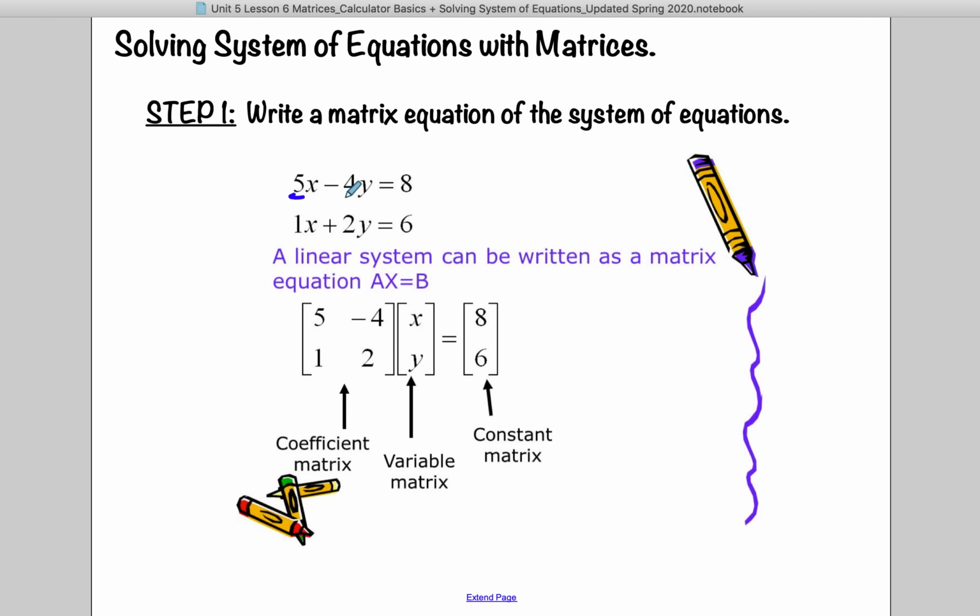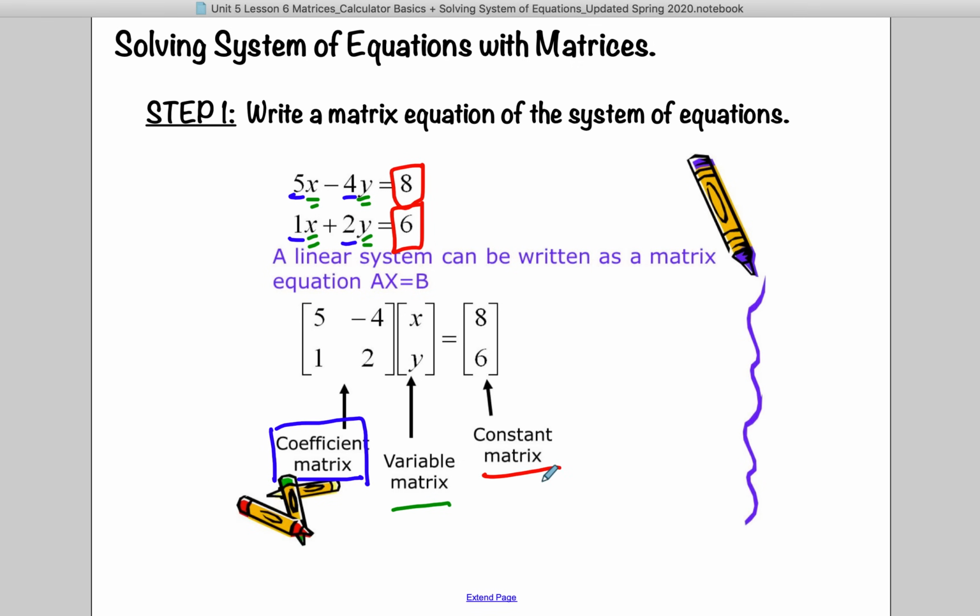So the coefficients are the numbers in front of the variables. We take those and we put them in the coefficient matrix. Then we go ahead, whatever variables we are working with, and we put them into the variable matrix. Okay. And then we say equals. And then lastly, it equals the constants, the numbers that were by themselves. Okay, so we got 6 and 8.